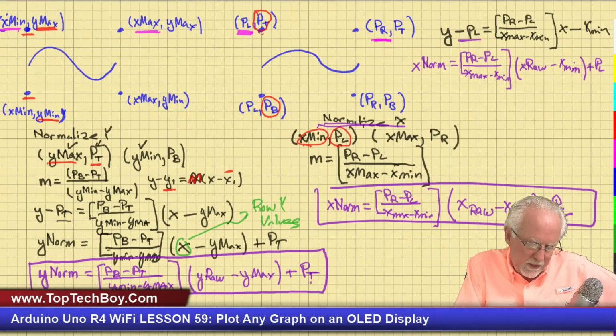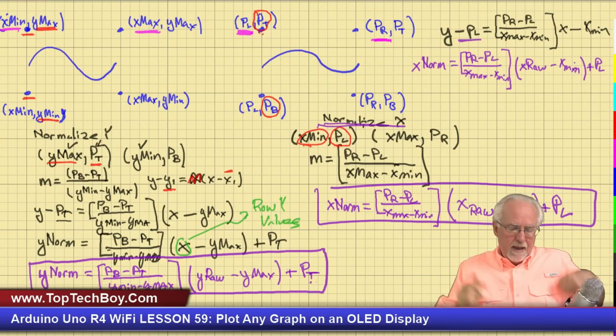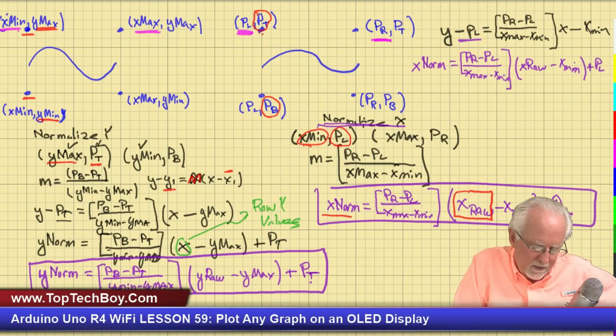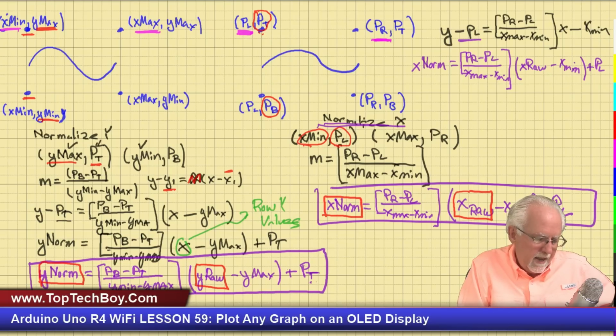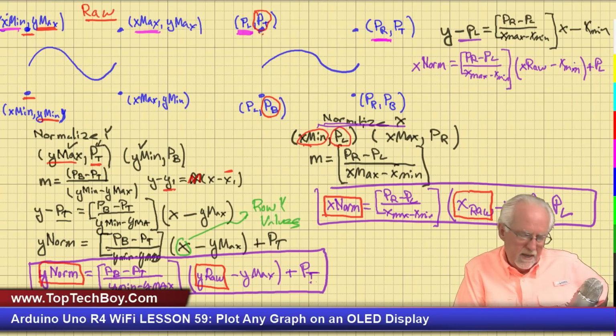Okay, so what do I start with? Let's make sure we did what we started with. I start with my raw X and my raw Y. So I take my raw X and I calculate my normalized X. I take my raw Y and I calculate my normalized Y. These are my raw values, my actual data.